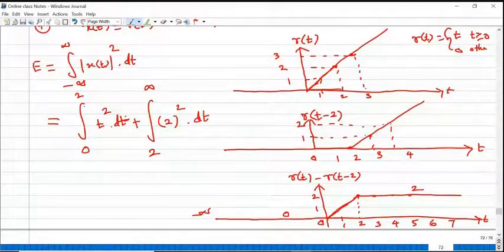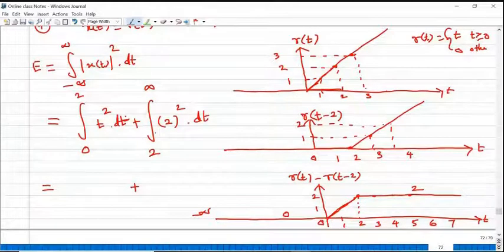Okay, so 0 to 2 t squared dt plus 2 to infinity 2 squared into dt. Solve it: do the integration of t squared, and you'll get some value after substitution of the limits.